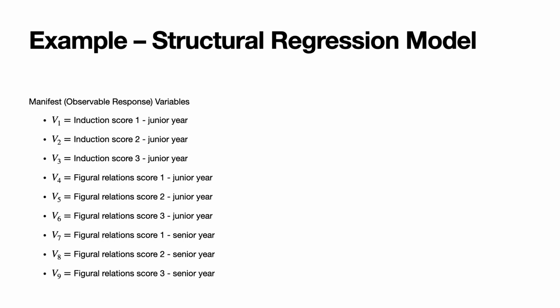V4 through V6 represent 3 figural relation scores, also during the junior year: figural relation score 1, figural relation score 2, and figural relation score 3. And finally, V7 through V9 represent figural relation scores during the senior year. So V7 is figural relation score 1, V8 is figural relation score 2, and V9 is figural relation score 3.